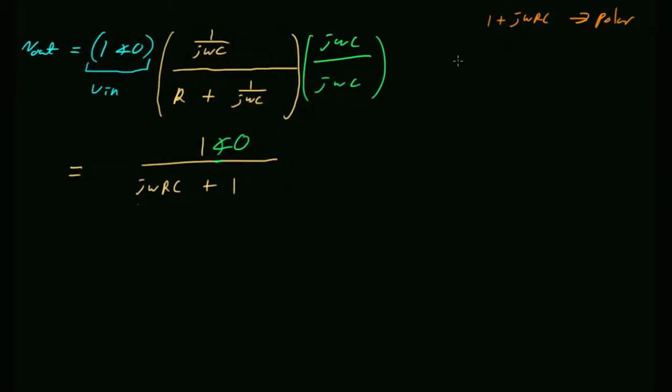It's the square root of the real part squared plus the imaginary part squared. There's my real part, and my imaginary part, omega RC.